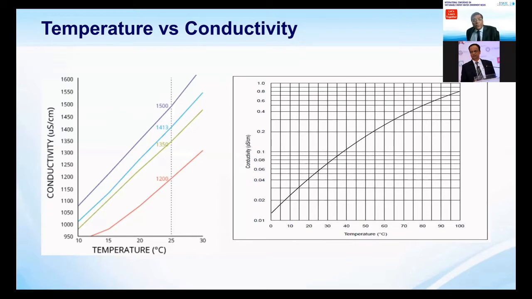But one thing I assure you is that if you take a sample of the water, especially for the RO product or the drinking water, its pH is very unstable. If you measure online, the pH will be different. If you take it to the lab, the pH will be different, because water absorbs carbon dioxide from the air, and it makes carbonic acid, which lowers the pH.